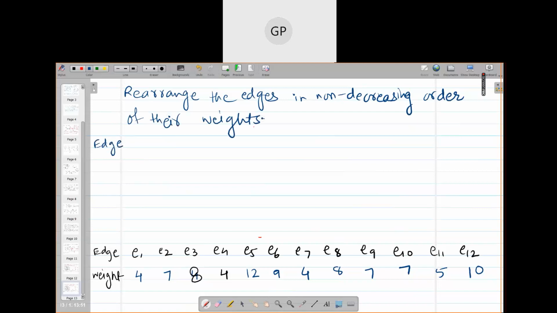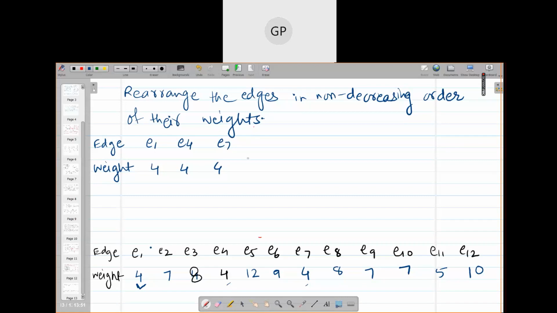So you will have to write this table. The first smallest number is 4, right? So I will take E1, E4 and E7 with 4. Next smallest number after 4? 5.